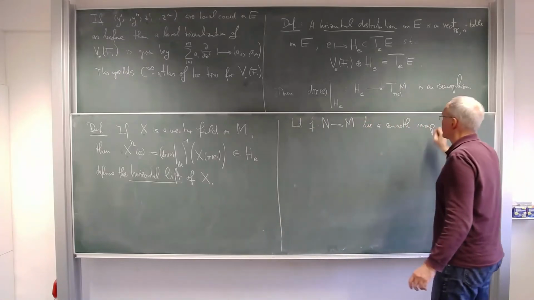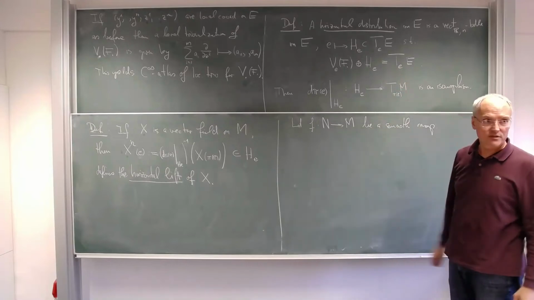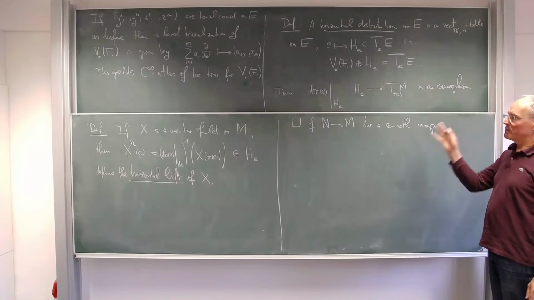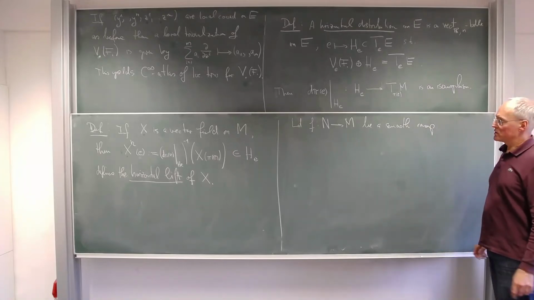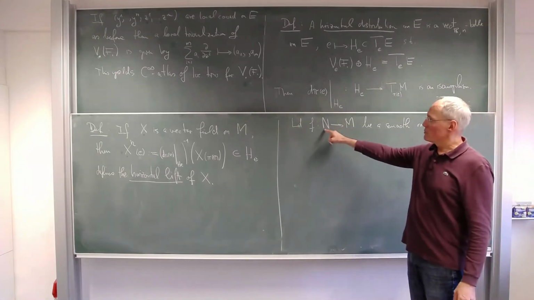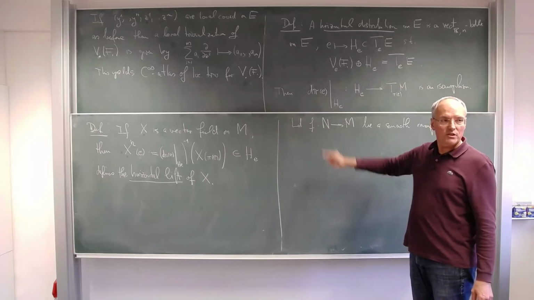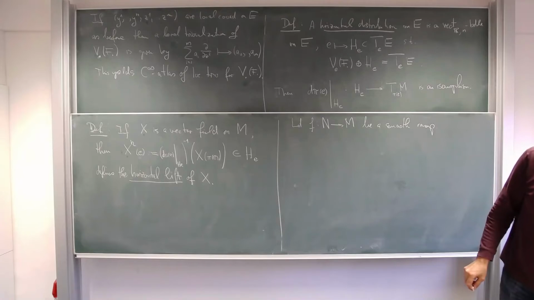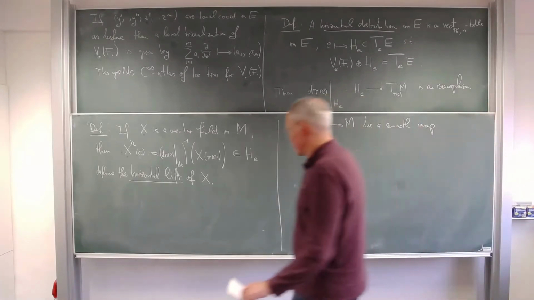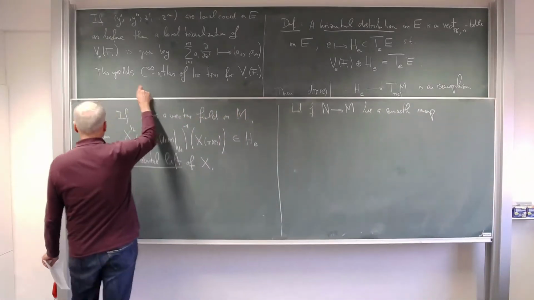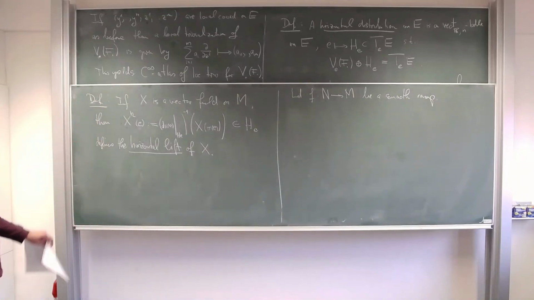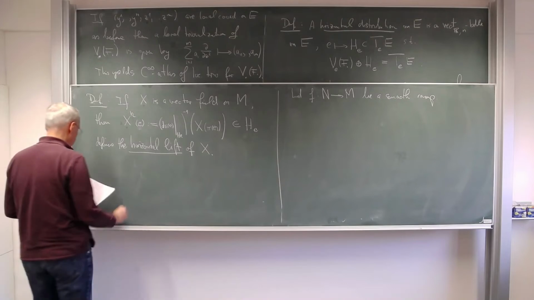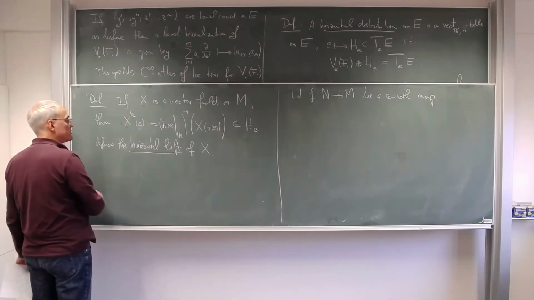In addition to the data we already have, so we have a bundle and we have a horizontal distribution, all on M, and now we want to pull back everything to N. So we know already how to pull back the bundle. Question: can we also pull back the horizontal distribution?